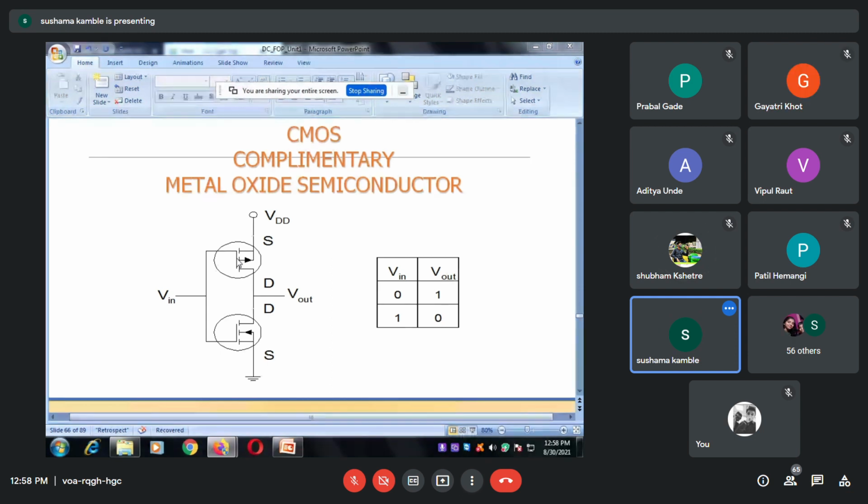Off. Why it will be off? Because gate required low input. Gate required low input. That is a low voltage. Okay. So now it is off and it is on.